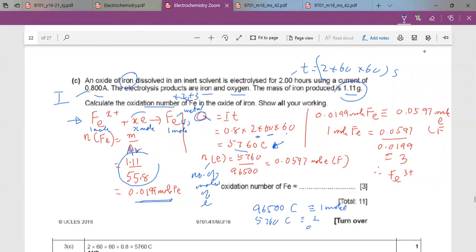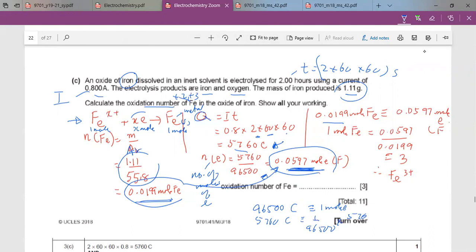So 1 over 96500 times your 5760 is the number of moles of electrons. So this number of moles of electrons has deposited this number of moles of iron, 0.0119 moles of iron deposited by these moles of electrons.